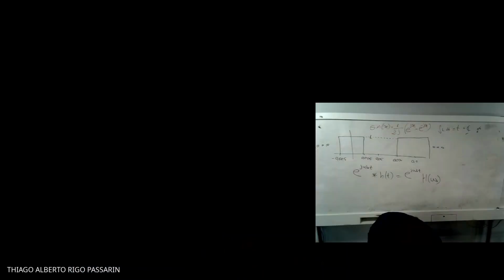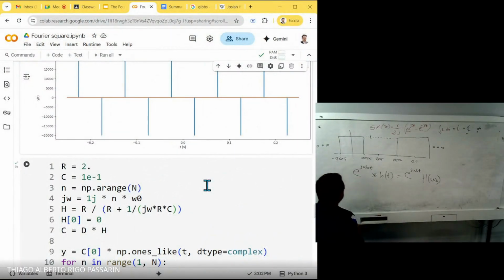So before the example, what happens if I have an x of t, which is periodic, convolved with some h of t?